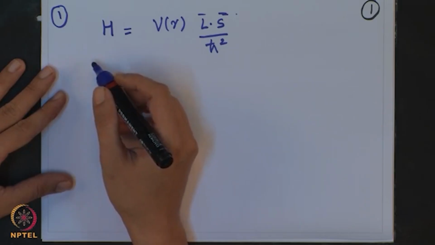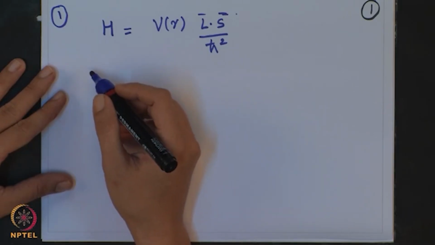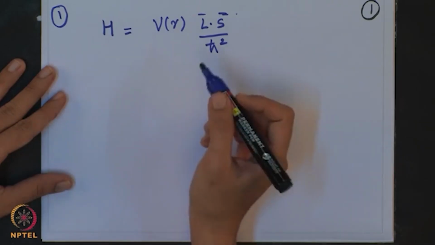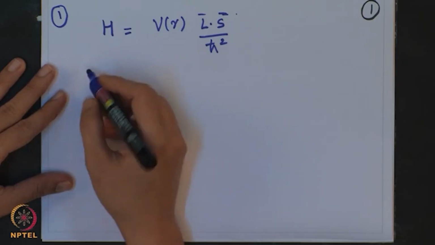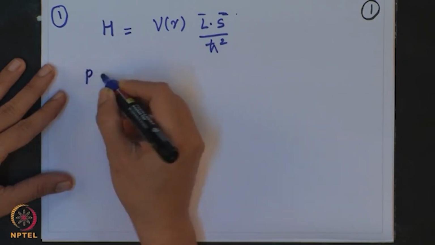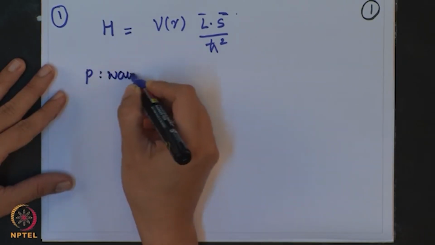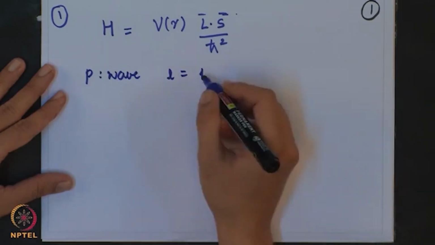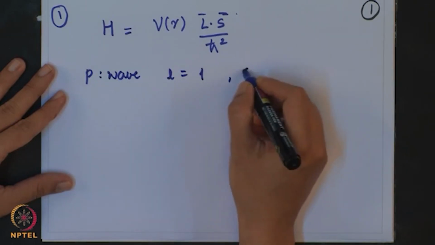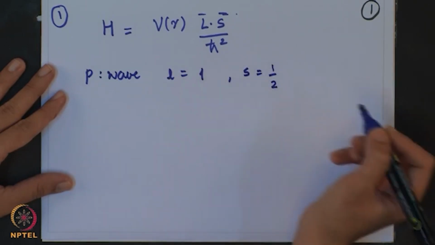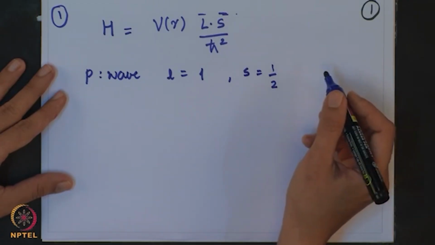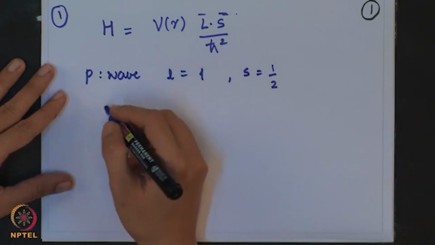So, in this problem you are asked to find out the energy of the LS system, that is the coupled system, for P wave. So, what do you mean by P wave? When you talk about P wave, L is equal to 1. Okay. So, we have L is equal to 1, S is half. We know that spin can take value plus half or minus half for this coupled system.